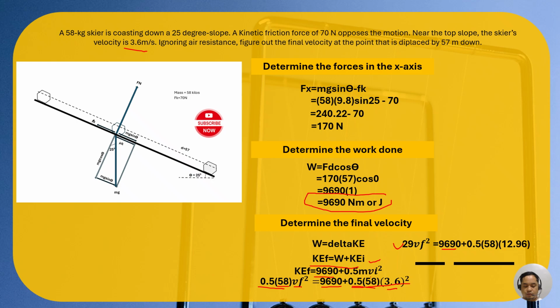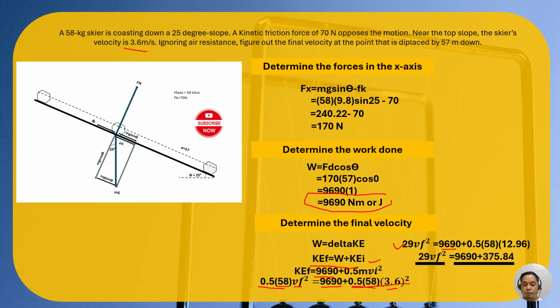It's equivalent to 0.5 times 58 times 3.6 squared. That's 375.84.